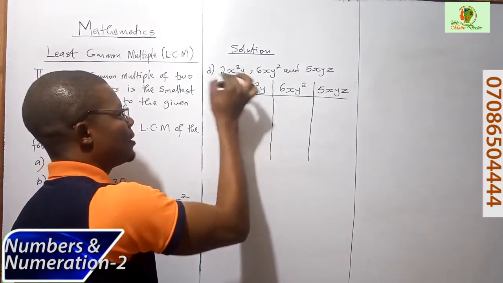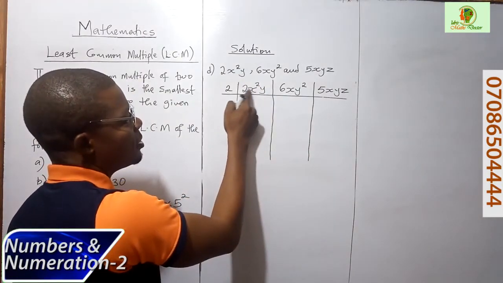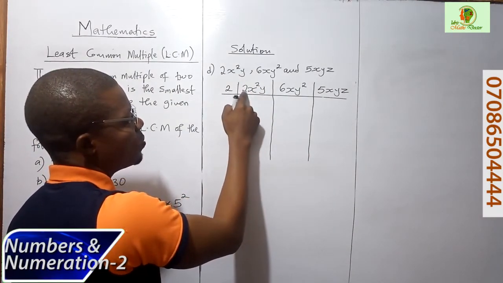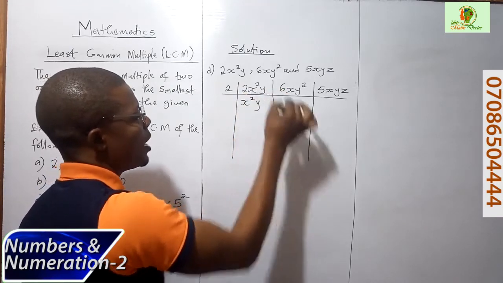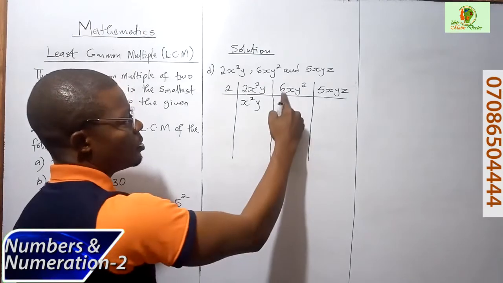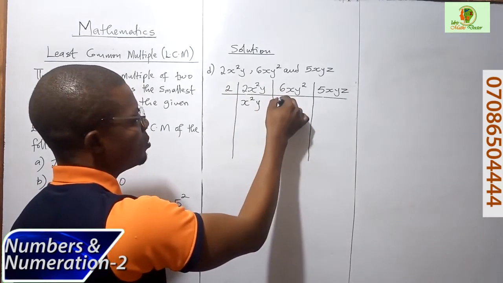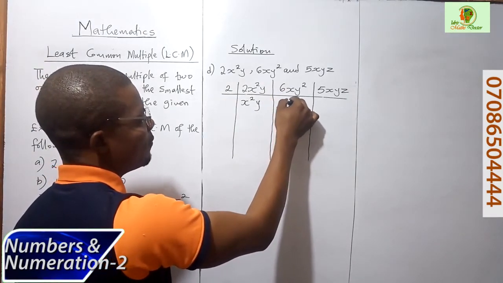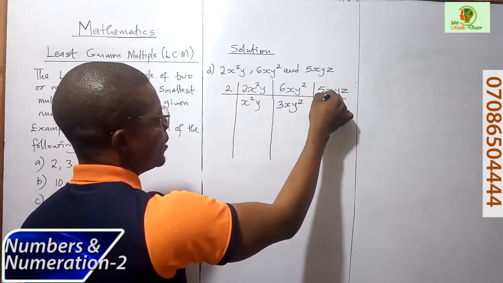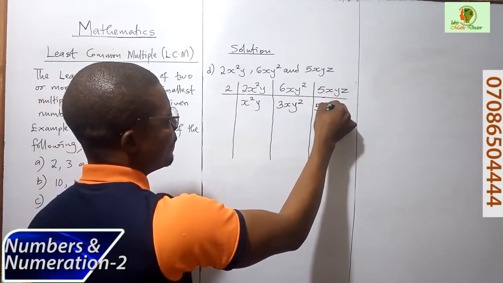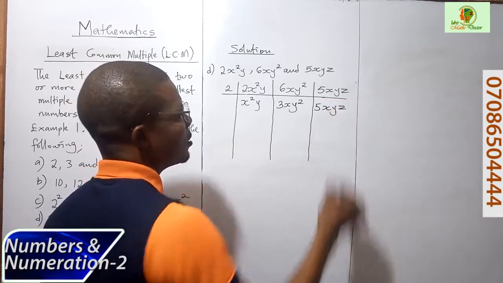2 can divide. This divided by this, these 2 will cancel out. We are going to have left just x squared y. 6 divided by 2 is 3, so we have 3xy squared. 5 divided by 2, there's going to be a remainder, so you will write 5xyz.